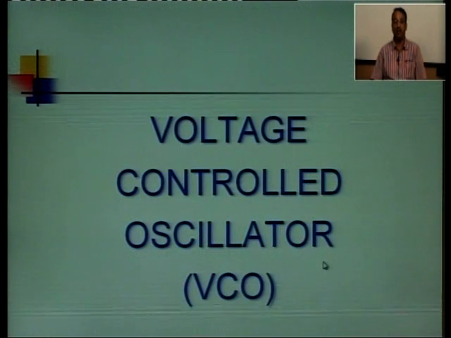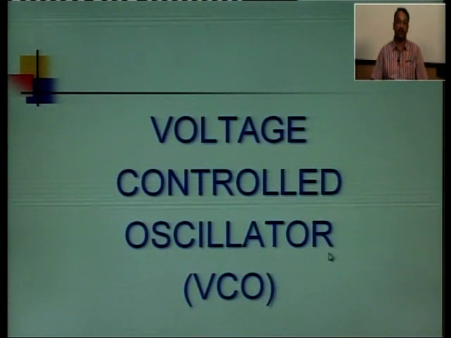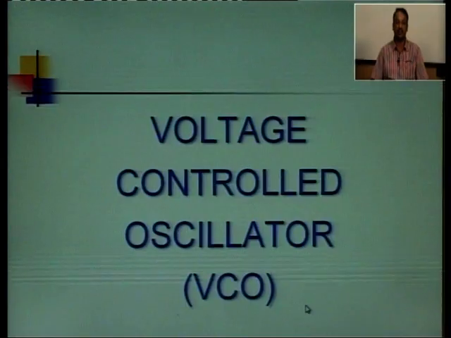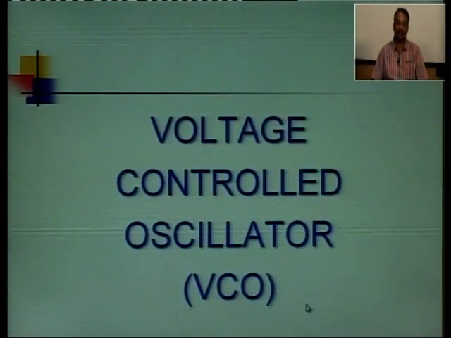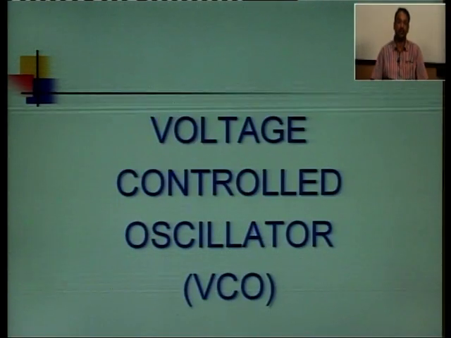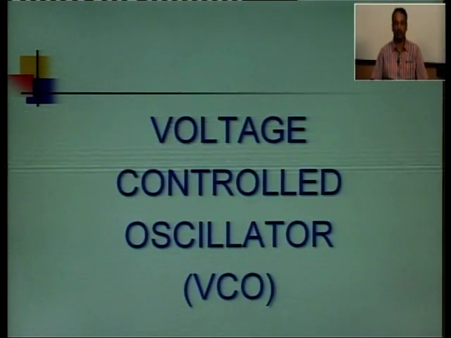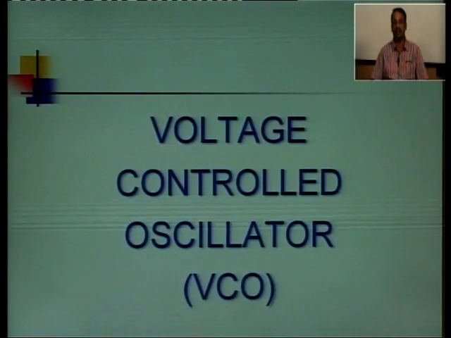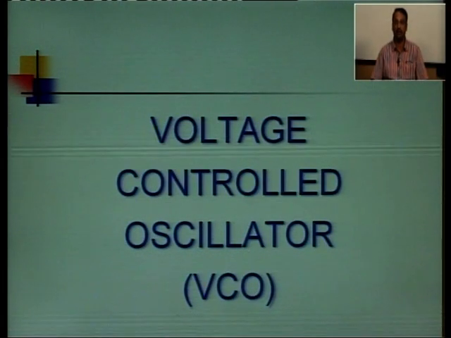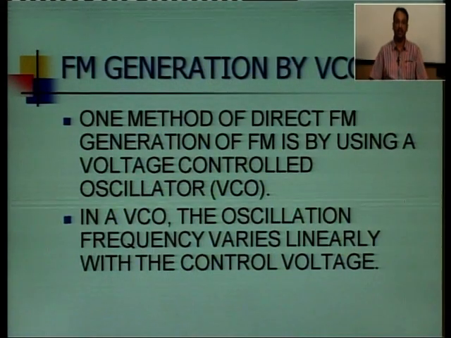The second type of direct modulator for FM is the voltage controlled oscillator, VCO. As the name indicates, it is an oscillator whose output is controlled by the applied voltage, or we can say that it is the oscillator whose frequency is controlled by the applied input voltage. This is also a direct method of FM generation.